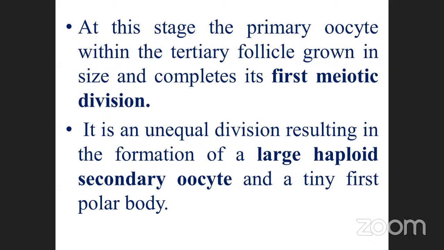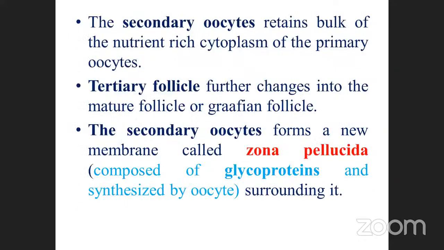In the first meiotic division, a large haploid secondary oocyte is produced. Only one oocyte is produced, and a polar body is also produced. The secondary oocytes are very, very important. Secondary oocytes form a new membrane called zona pellucida, composed of glycoprotein and synthesized by the oocyte surrounding it.